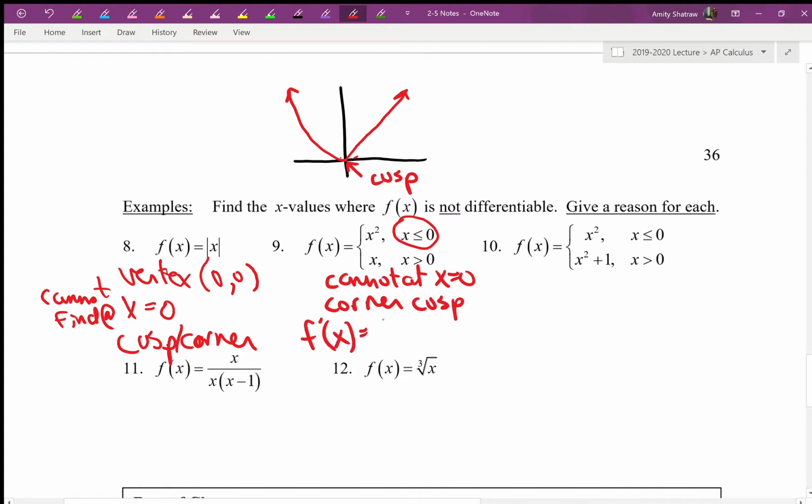Let me see. The derivative of x squared is 2x and the derivative of x is 1. When I look at these two things, they don't match. That's a hint to you that the slopes are different. This has a slope of 1 all the time, and that has a slope of 2 times a number, which means that it's different.